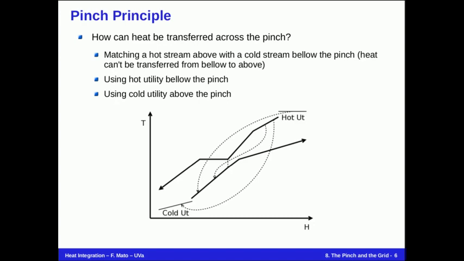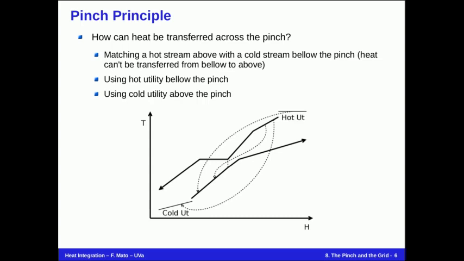And what does it mean exactly to transfer heat across the pinch? Matching in a thermal contact a stream above the pinch with a stream below the pinch. Specifically, a hot stream above the pinch with a cold stream below the pinch. The other way is not possible.